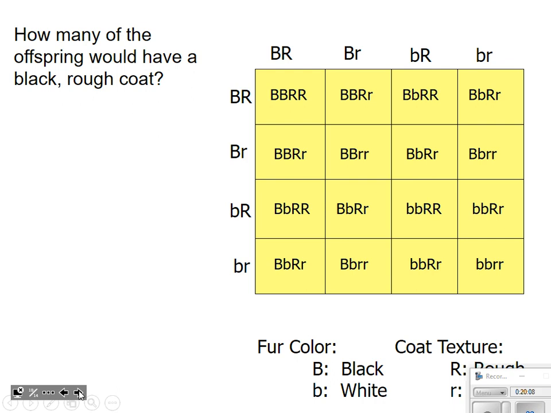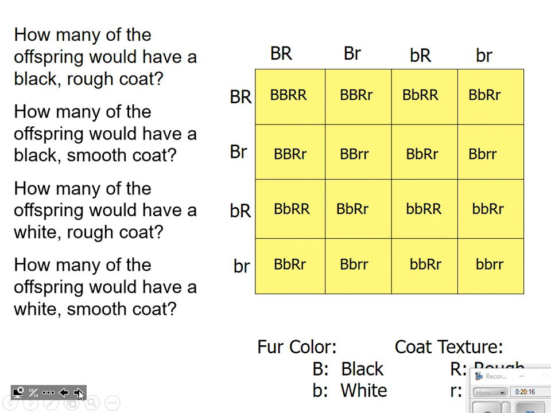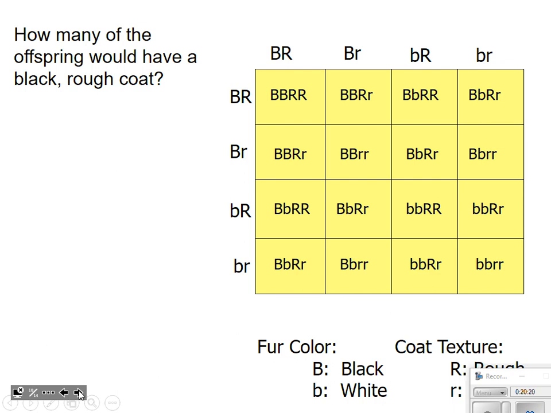So I go through and I look and say, okay, where is a black coat rough? Let's go back here. Right here's one. Is this one? Is this one? All of those are black coat rough, aren't they? Because they have both dominant.